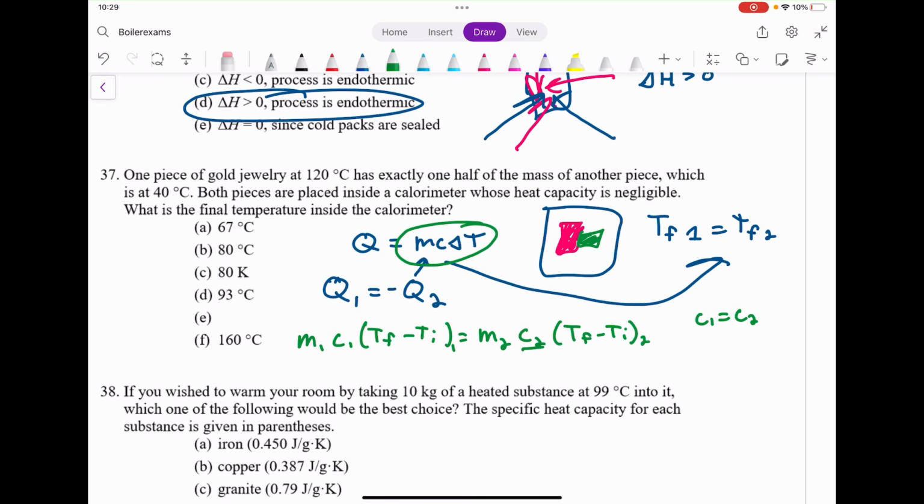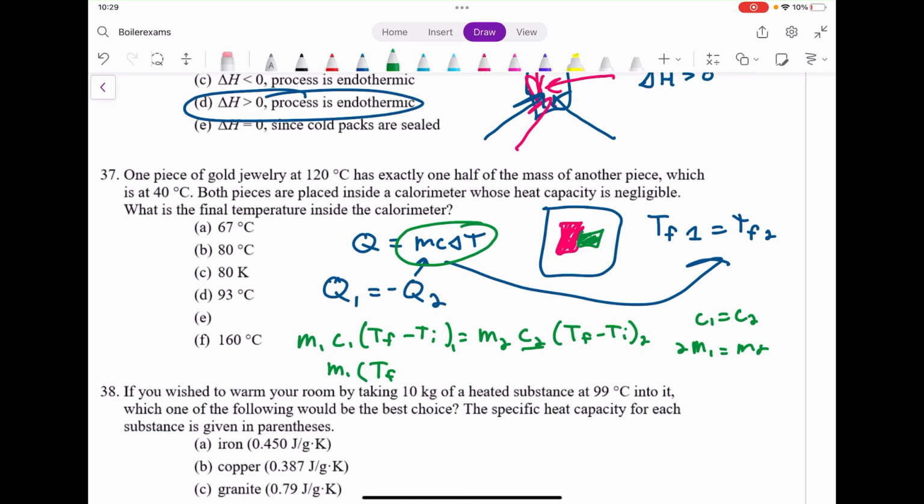Okay, so I'm going to ignore that in the next line. And I also know that one piece of gold jewelry is half the mass of another piece. The 120 degree one has half the mass. So 2M1 equals M2. We're going to sub this in now. I'm getting rid of C1.